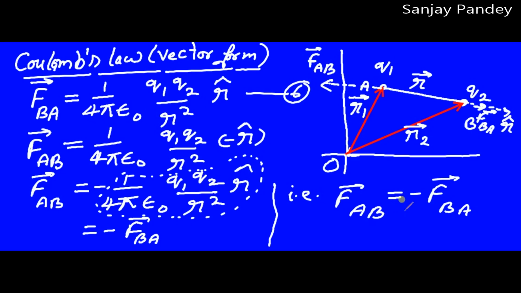So we can say that electrostatic force forms an action-reaction pair. Let it be equation number 7. So equations 6 and 7 are the vector forms of Coulomb's law.